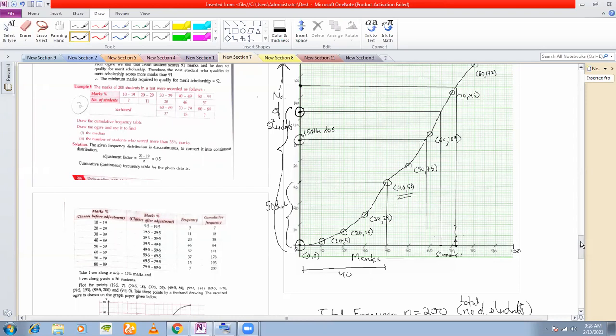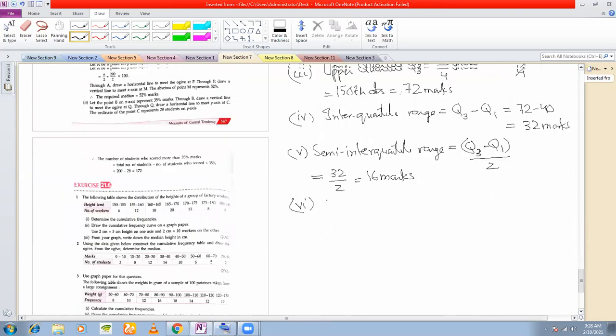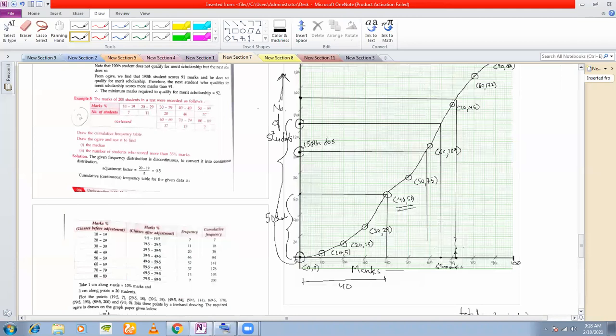So the number of students who got less than 65 marks is this point here. What is this point?